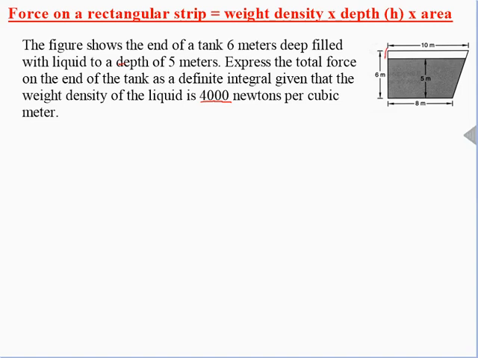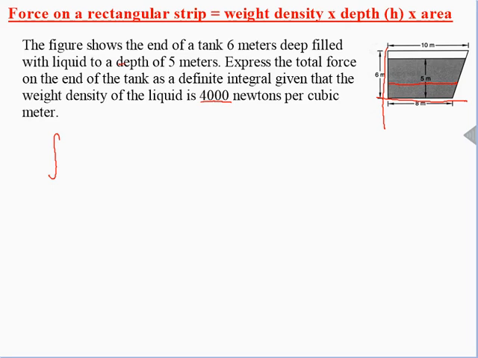So here's our coordinate plane. And we can start thinking through this. We're setting up an integral, so we want to integrate. And if we take a look at just one rectangular strip, I'm just going to put a line here to show one rectangular strip. We can think through this.